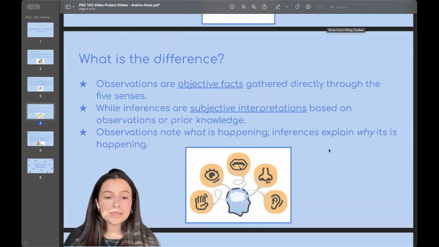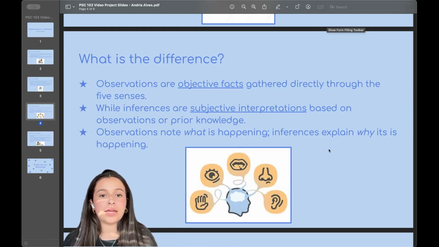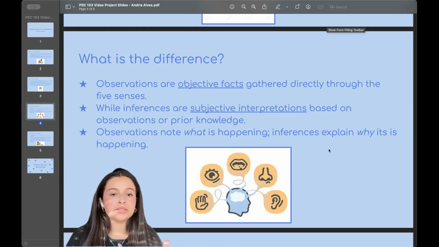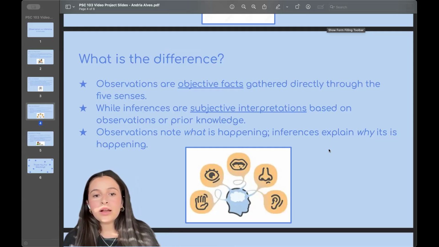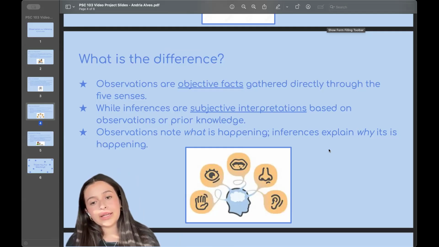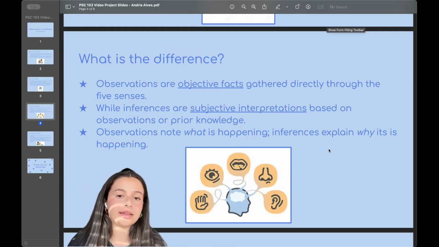This is basically saying that you cannot have inferences without observations, and that's something that you can try and memorize, that observations are necessary to have inferences. Observations show what is happening, while inferences explain why this thing is happening.